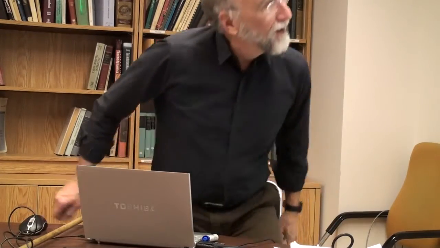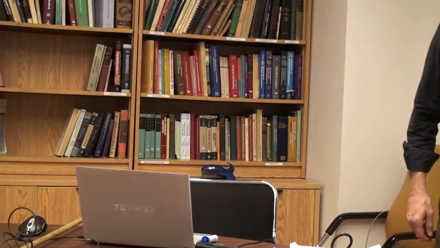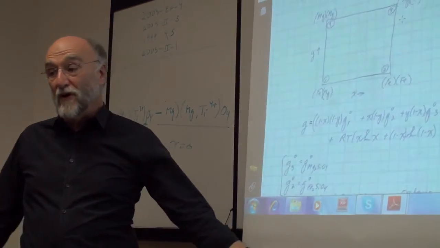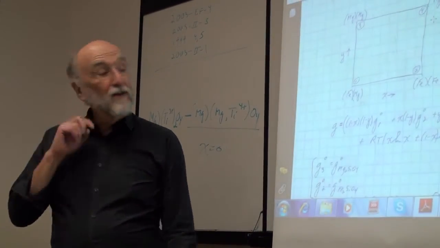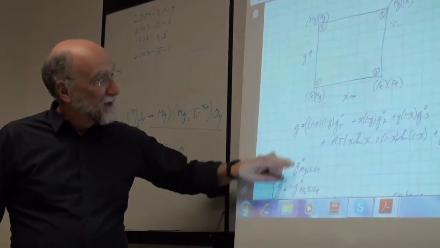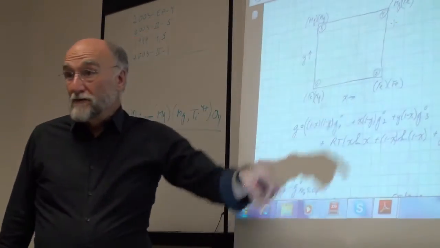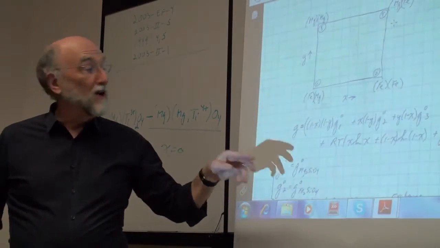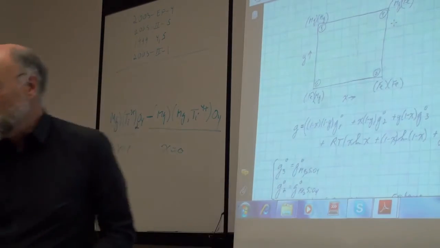If you don't know anything except the Gibbs energies of the two end members, then you've got to assume it's an ideal solution. If all you had was the Gibbs energy of this and the Gibbs energy of this, and you have no information whatsoever on the phase equilibria or on the site distribution, then you would just have to assume that G01 was equal to G04, because you have no idea otherwise, and also you'd have to assume that the exchange Gibbs energy was 0.